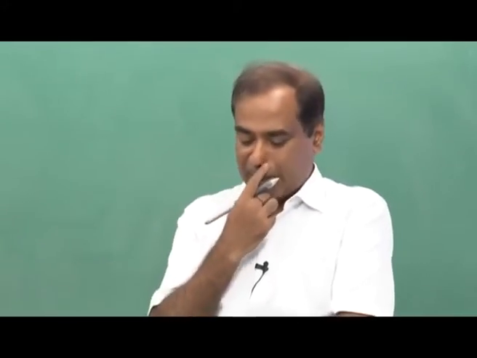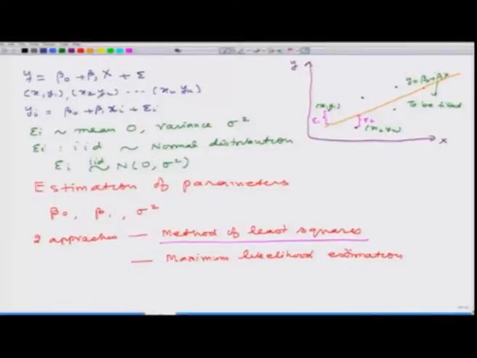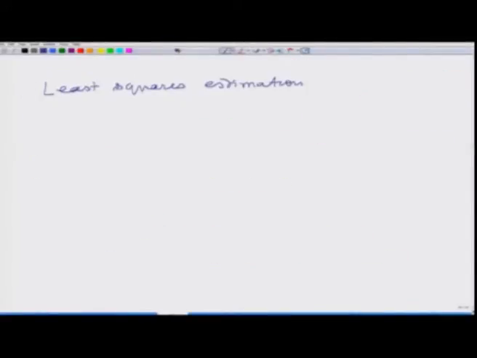In this picture, the random error in the first observation is epsilon 1, in the second observation it is epsilon 2 and so on. In case you try to minimize the total error, it is summation i goes from 1 to n epsilon i. But can you really do it?